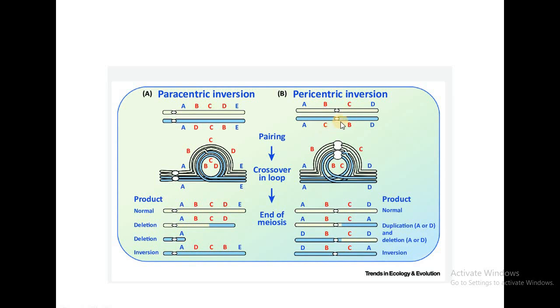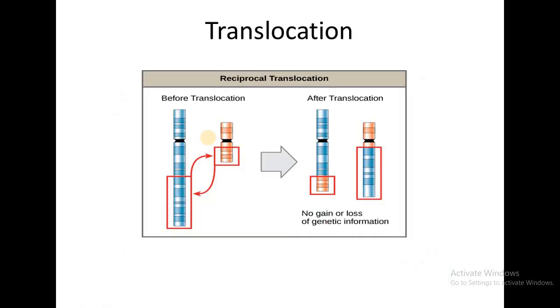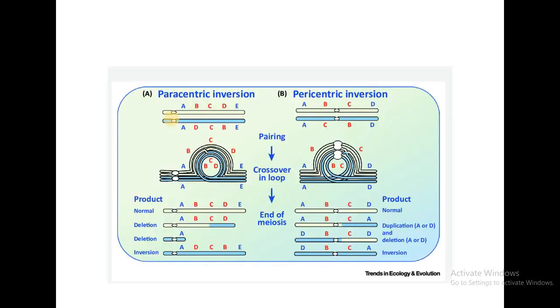Whereas in paracentric inversion, vice versa, the centromere is not included in the inverted portion. The chromosomes with the inverted segment also produce a loop, which is called the inversion loop.